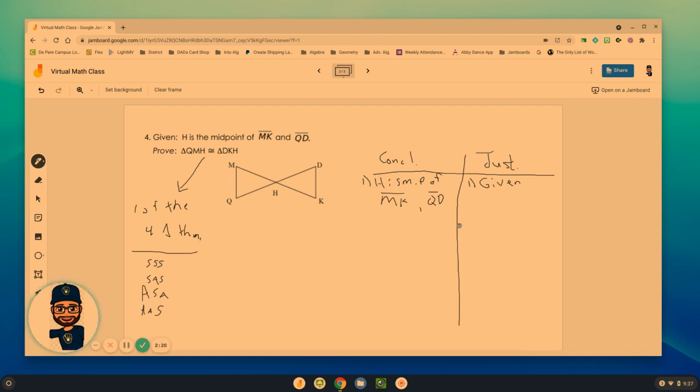And so it is the midpoint of both of those. And if it's the midpoint, we have to then come up with a statement from that. We have to use that information.